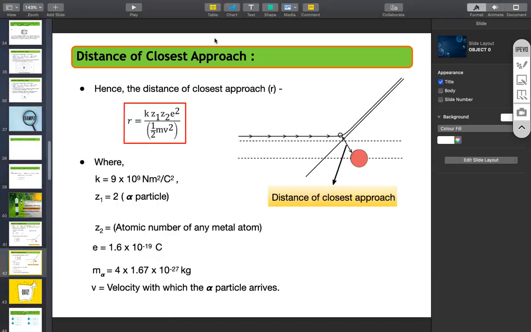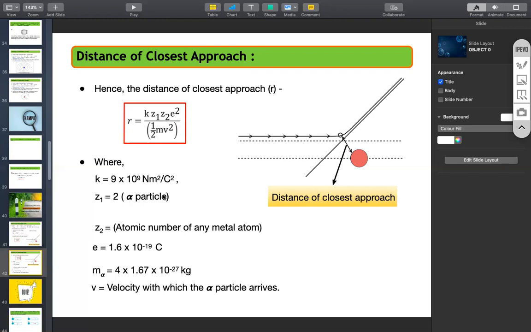Okay, this is the explanation I gave. What is the K value? K is 9 into 10 power 9 newton meter square per coulomb square. How did we get this value?